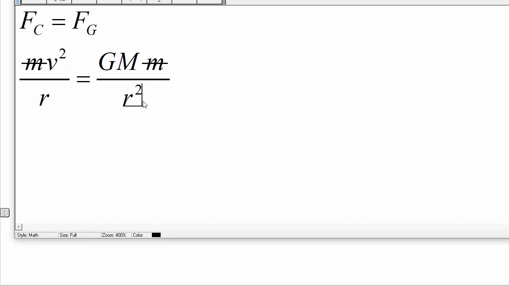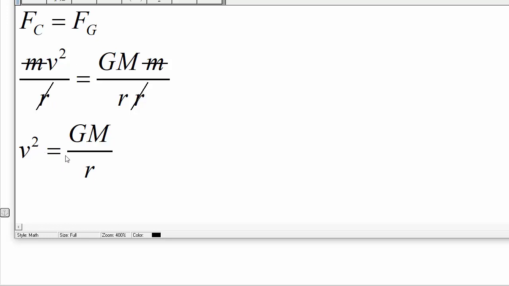Recall that r squared simply means r times r. So this radius will cancel with one of these. And when this cleans up, we have v squared equals GM over r.